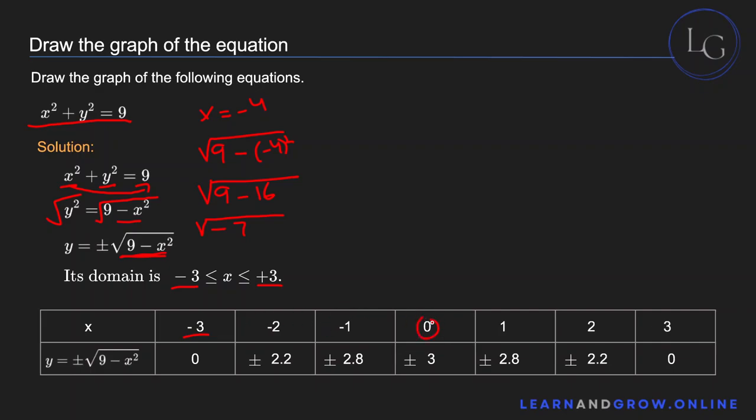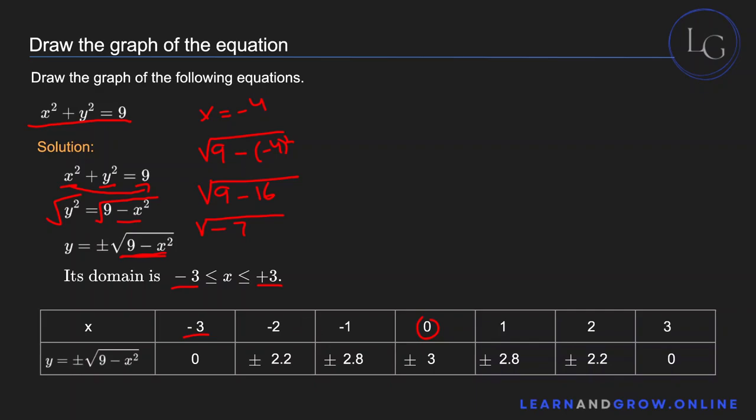When you input 0 into this particular equation, that becomes 9 minus 0 squared, so that becomes simply the square root of 9. But the square root of 9 is equal to both positive 3 and negative 3, because when you square positive 3 or negative 3, you get the same answer, 9, right?